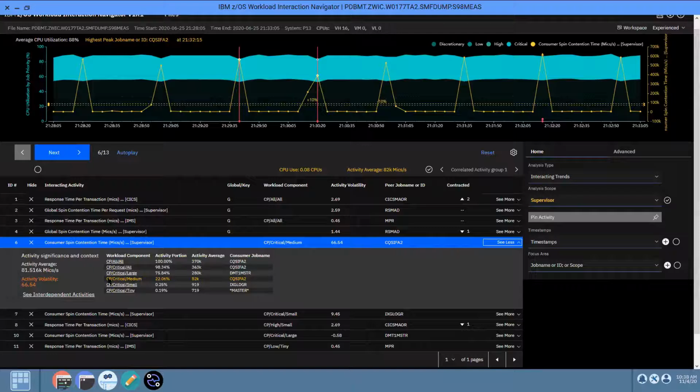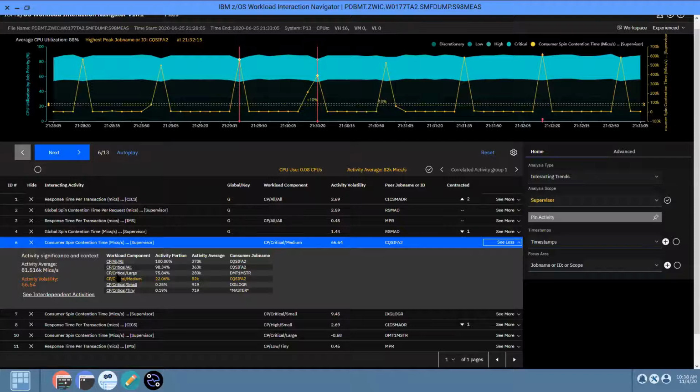And we happen to be looking at the CP critical medium workload component, which had 22% of the consumer spin contention time, and the most significant job was the CQS IFA2 address space.